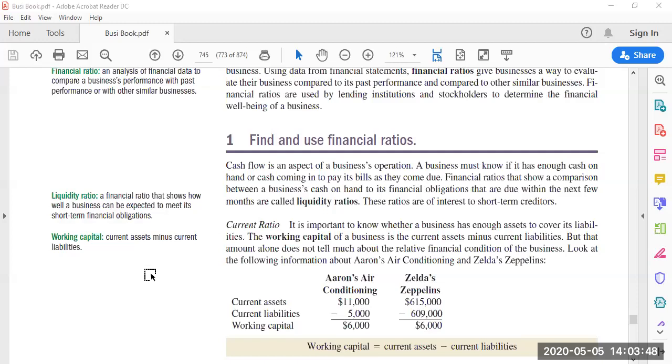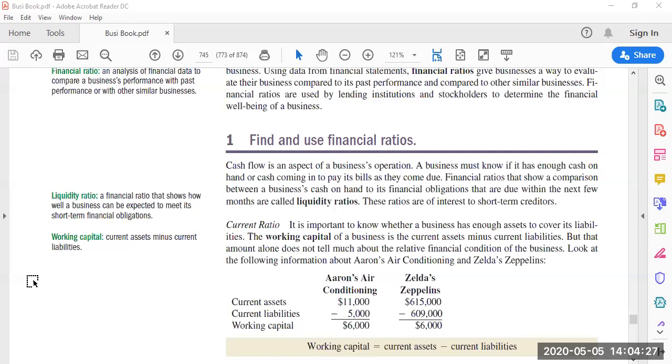Interesting. Working capital refers to your current assets minus current liabilities. That is what we would call our working capital. So when we talk about the current ratio, which is an important ratio to help us know whether the business has enough assets to cover its liabilities, the current ratio is looking at your current assets to determine how well those assets are covering its liabilities.